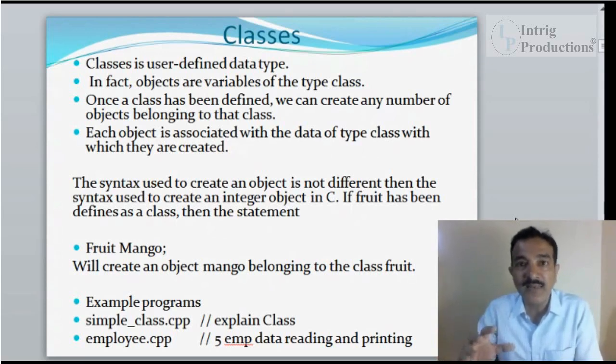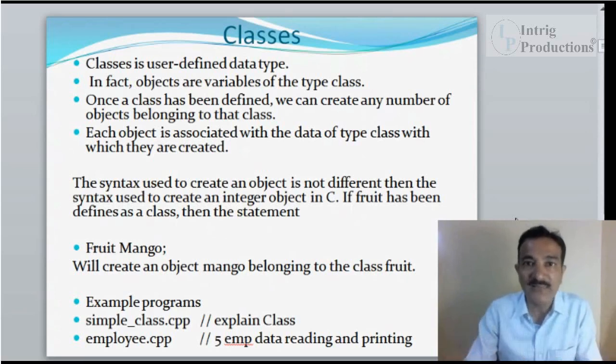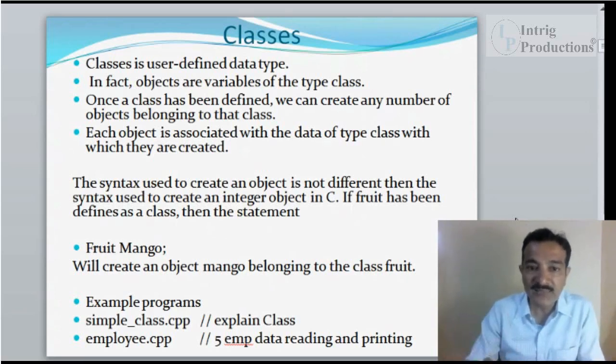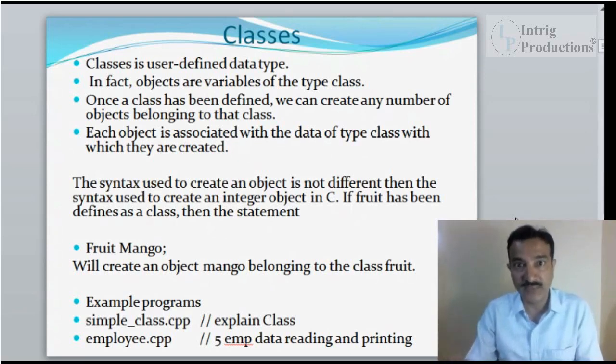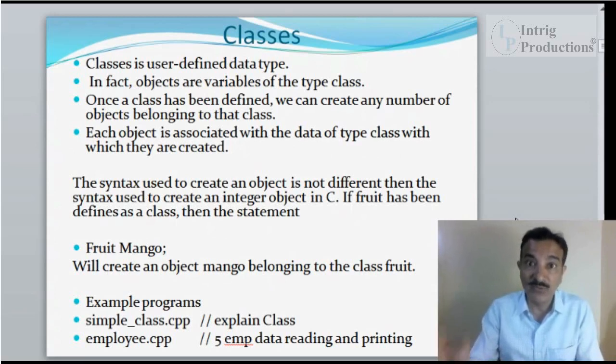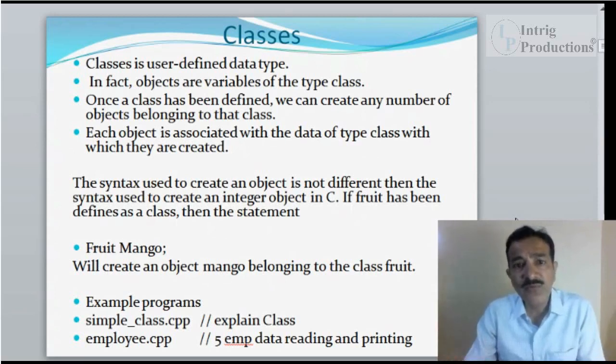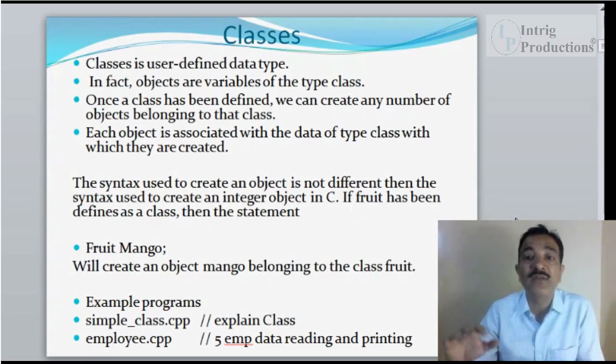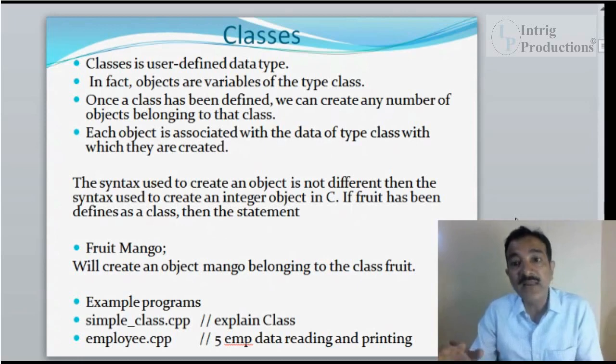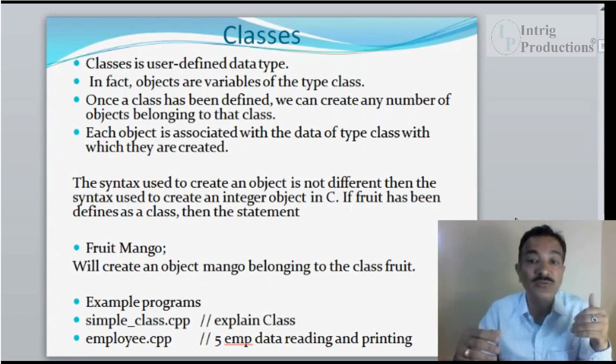Similarly, just creating a class does not specify anything. You can use that class name, maybe fruit is a class. Then you can say mango is a class object name. So now in mango you can store some value. So objects are variables of type class. Once a class has been defined, we can create any number of objects belonging to that class.